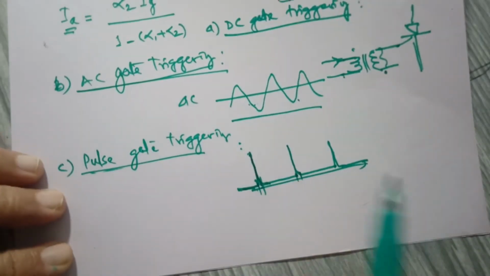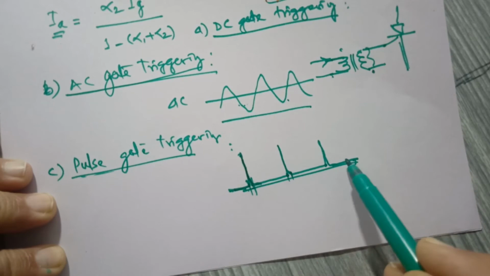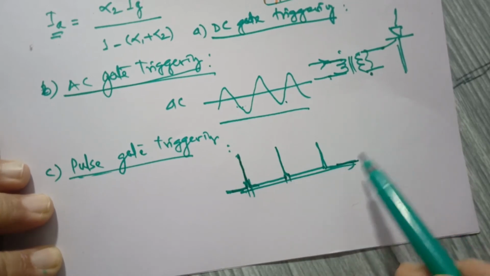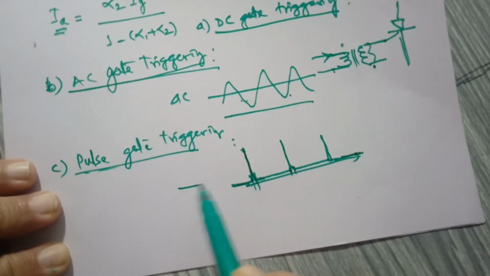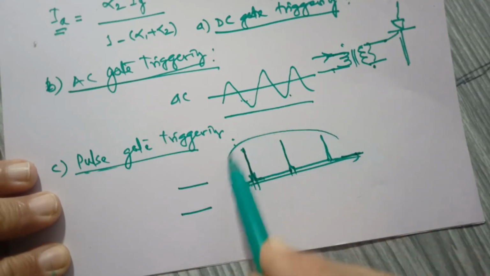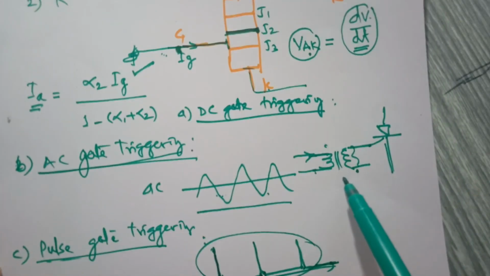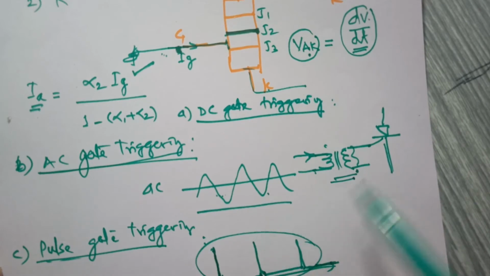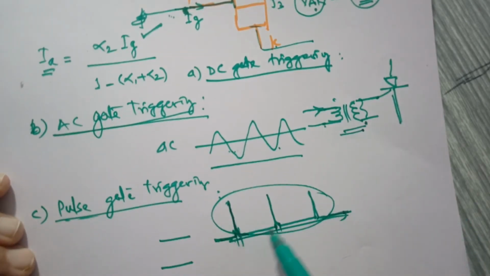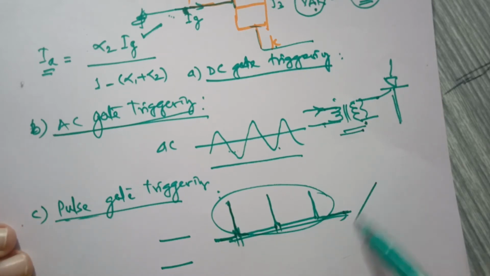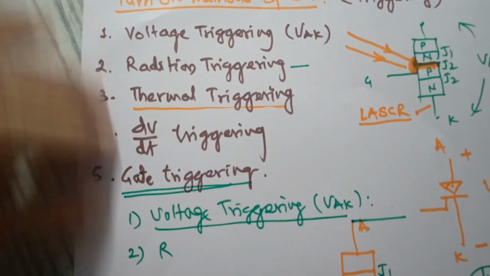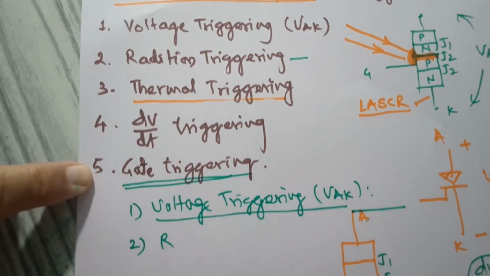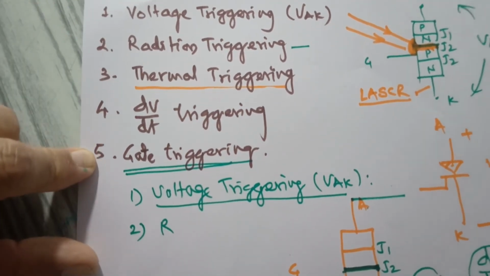So by applying such a train of narrow pulses, it can trigger the SCRs, and here we have both advantages: these pulses can be applied using the pulse transformer, so isolation is possible, and these are short duration pulses, so there is no gate power loss. So these are the advantages. These are the different techniques of triggering an SCR, and the last one is the most convenient and mostly used.